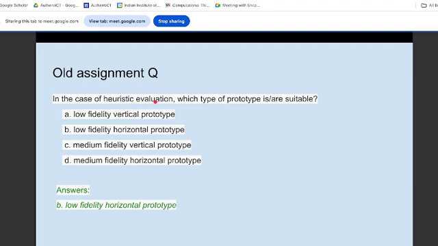One was about heuristic evaluation and what type of prototype, and the previous one was about cognitive walkthrough and what type of prototype. So these two are types of expert evaluation. So I immediately think about which prototypes can be created in the case of expert evaluation. In that case, low fidelity vertical prototype and low fidelity horizontal prototype, both answers would have been right.